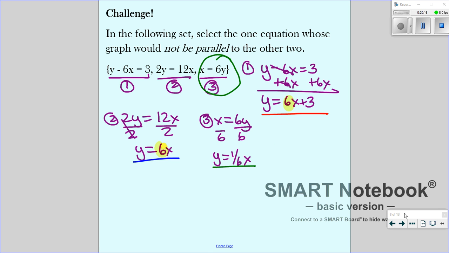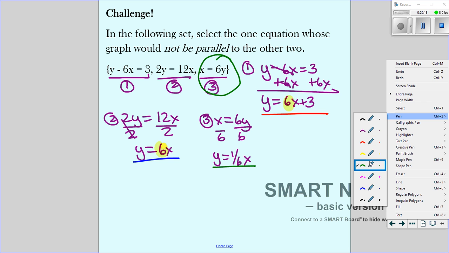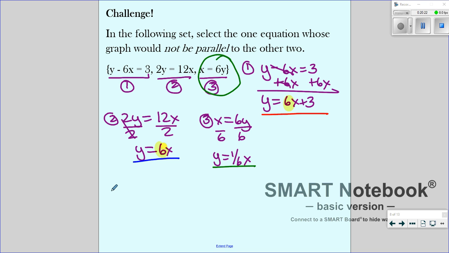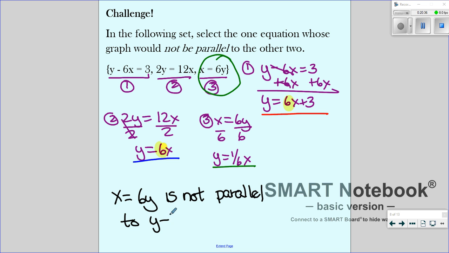So I'm just going to write that out. I'll say x equals 6y is not parallel to y minus 6x equals 3 and 2y equals 12x.